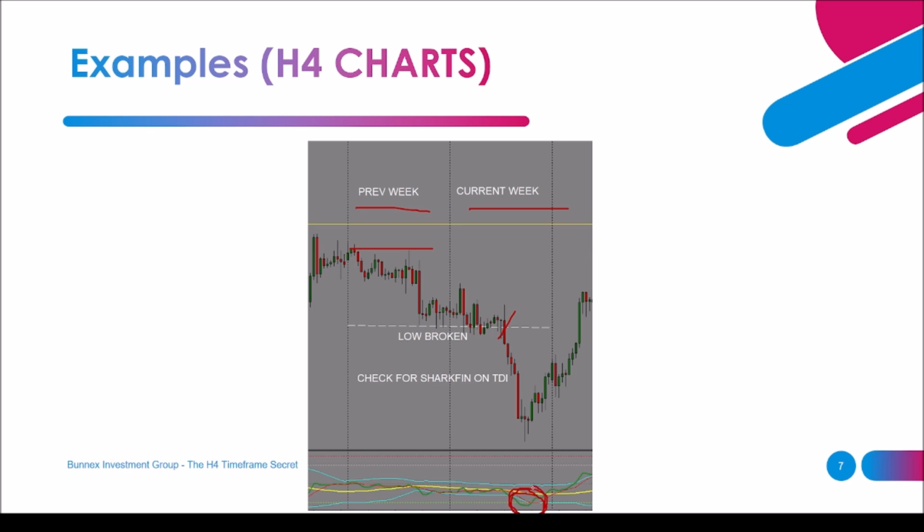After the shark fin was issued, we now switch to the H1 to see, and in this case, a W on the H1 time frame, so that we enter the market, and the market went in this direction. It was a valid midweek reversal.